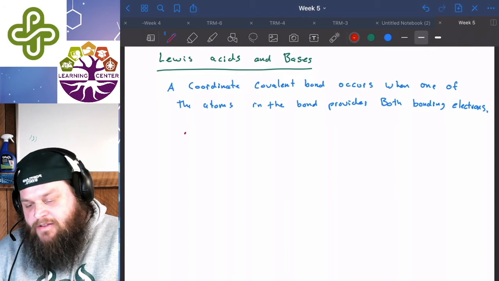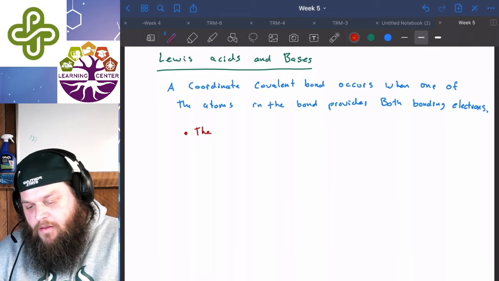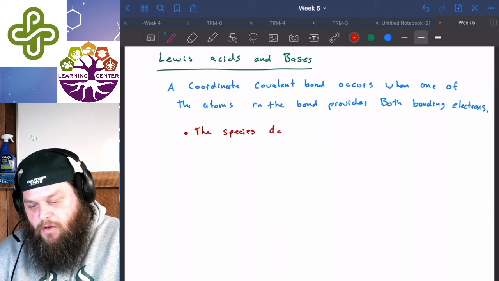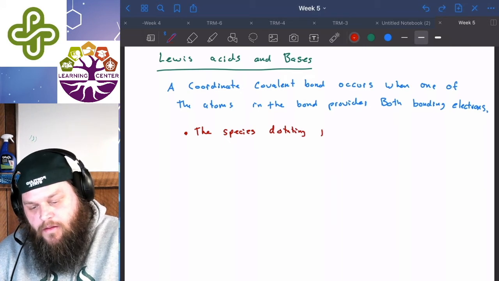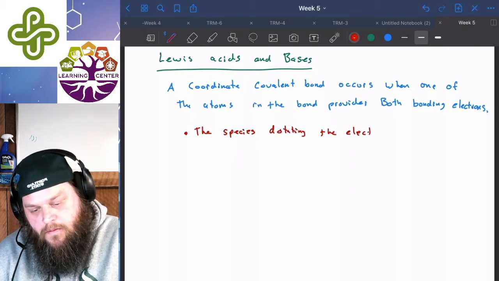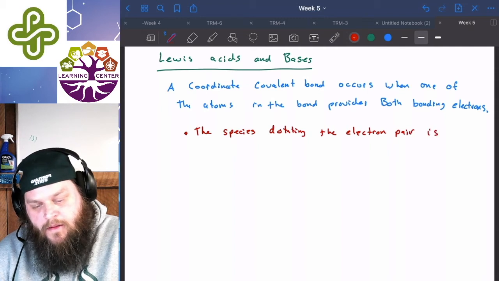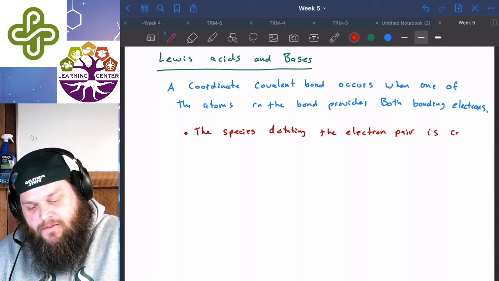In that situation, we call the species which is donating the electron pair the Lewis base.